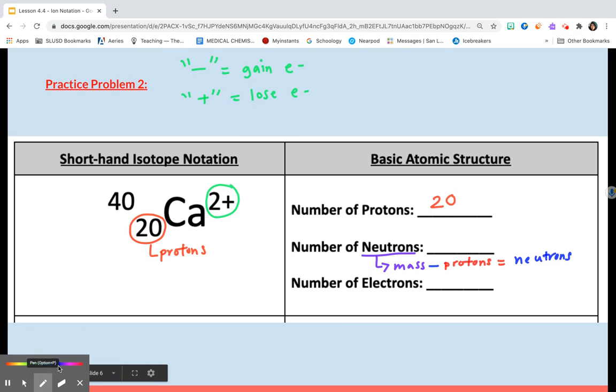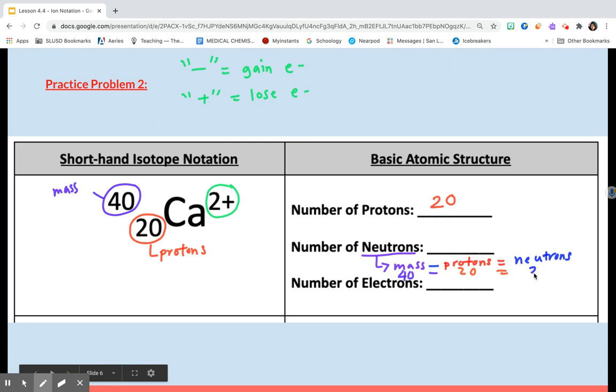So where do I find the mass? Mass is on the upper left-hand side. This is my mass. So if I take 40 minus number of protons, this number, 20, that will give me the number of neutrons.